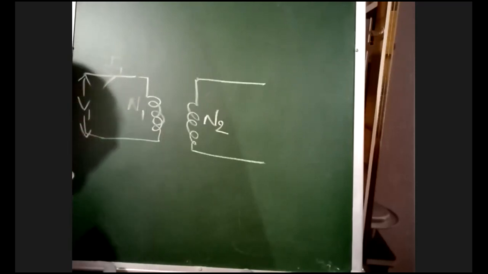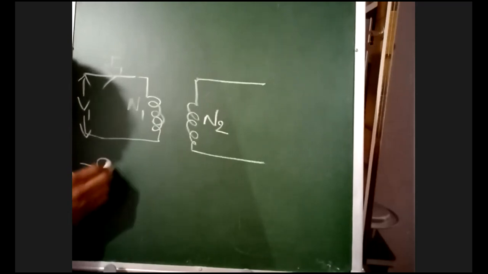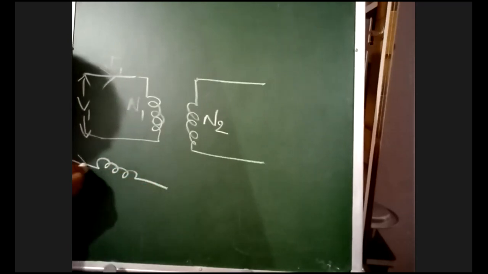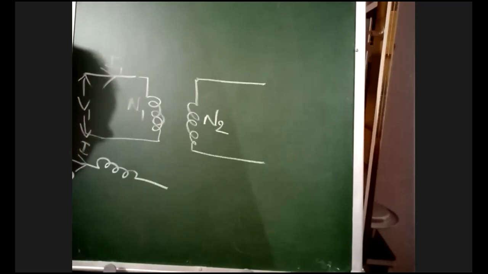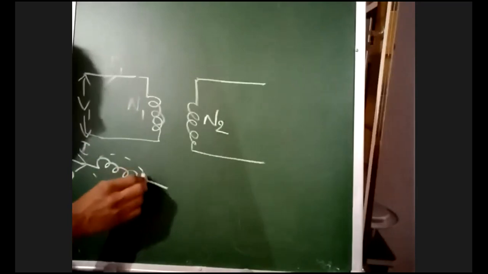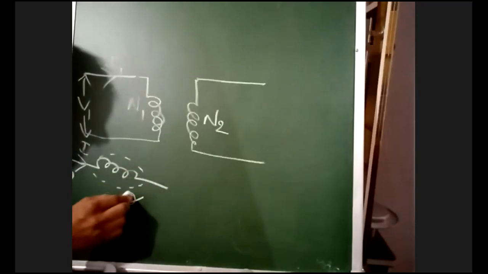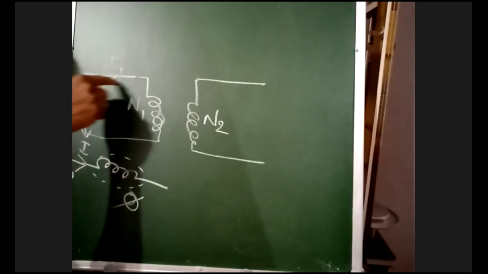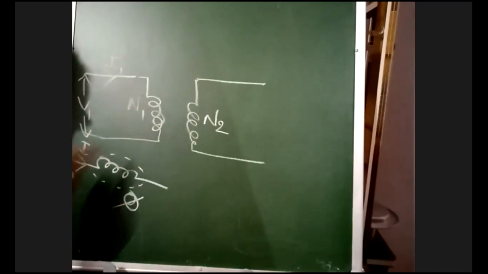When current is passing through this winding, yesterday I had told you, around the current carrying conductor, what will happen? Magnetic field. Magnetic field is developed. That is, magnetic flux is developed.